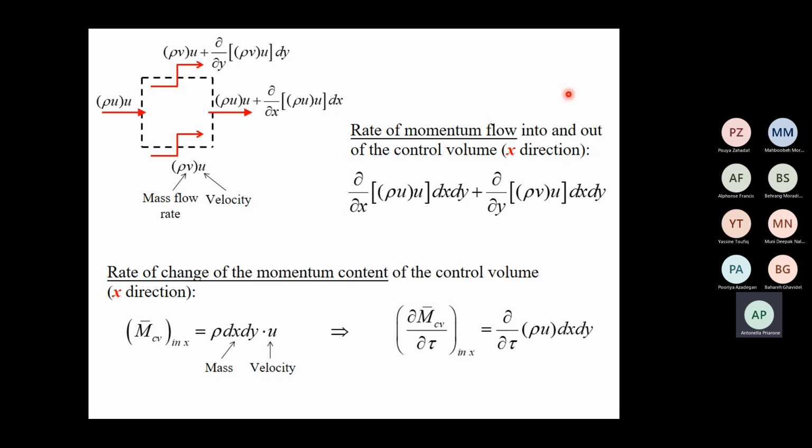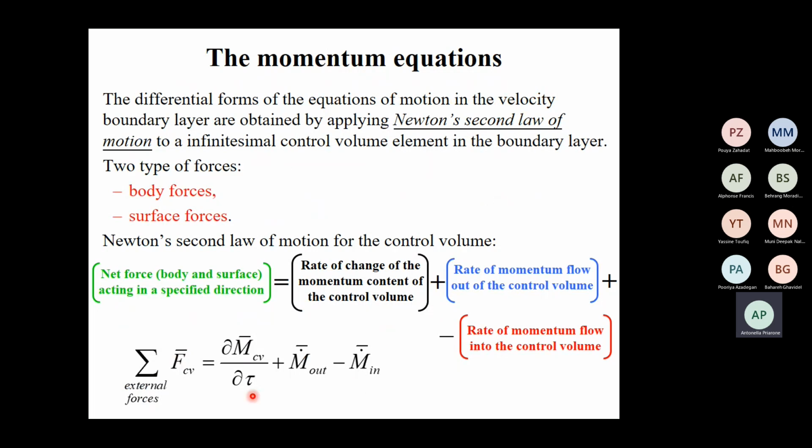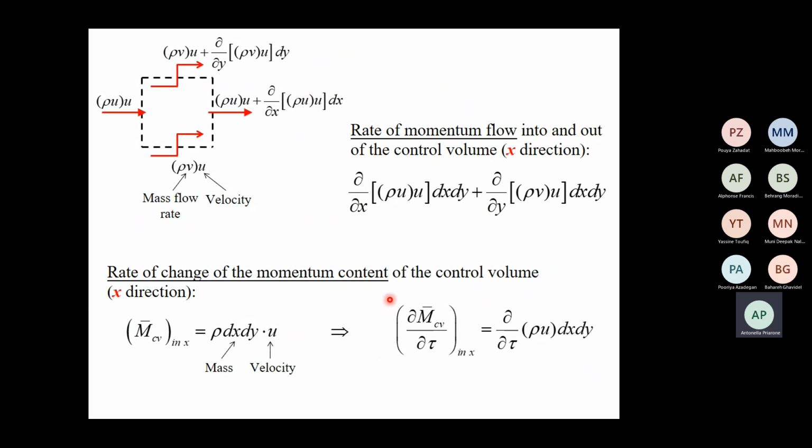Finally, the last part of the equation is the momentum content of the control volume that I have to estimate as a variation in time.